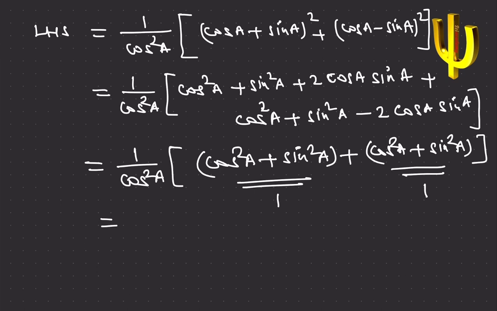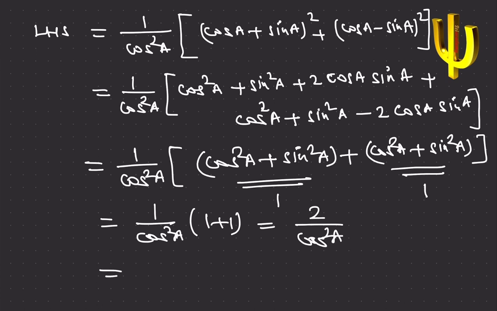So we have 1 by cos square A into 1 plus 1, that is equal to 2 by cos square A, which gives 2 sec square A equals RHS. Hence we proved this problem.